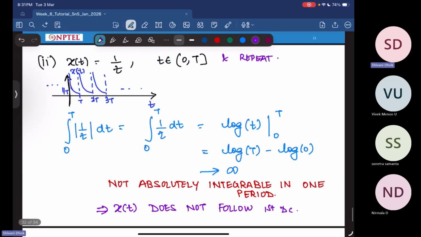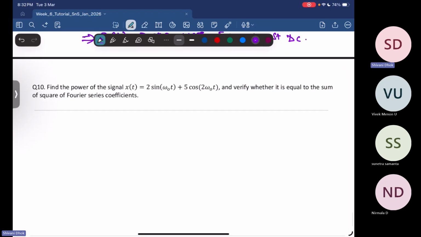Is it clear? Any questions? Okay, if there are no questions, then let us move on to the next question.